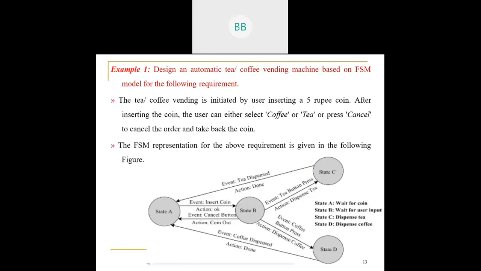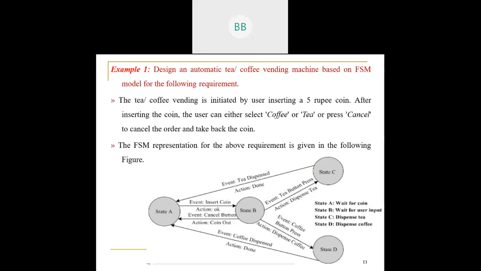This application or model consists of 4 states: state A, state B, state C and state D. State A is called wait for coin state. State B is called wait for user input. State C is dispense tea. State D is dispense coffee.